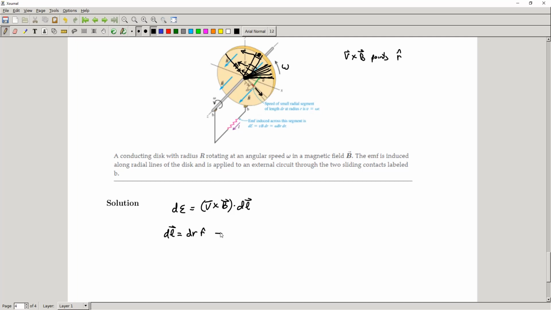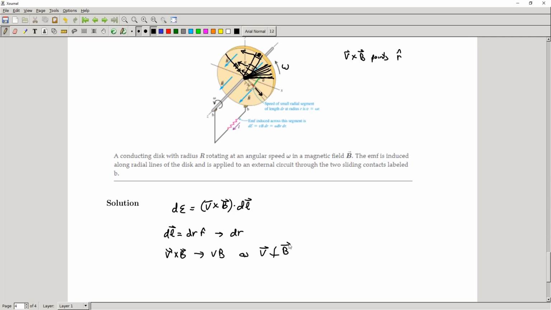So really our dl is just going to go to dr, okay? And we know that it's going to point outward radially. We just talked about how v and B are perpendicular, right? So v cross B gave us that outward radial direction, and since v and B are perpendicular, this is just going to go to vB, right?